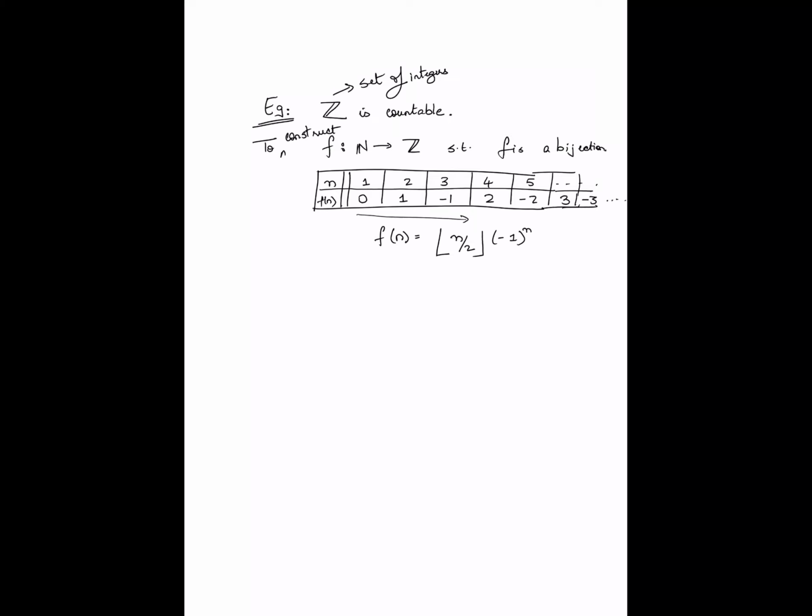So the key takeaway here, in addition to the fact that the integers are countable, is that specifying a bijection f going from the natural numbers to any set A boils down to being able to list the elements of A.